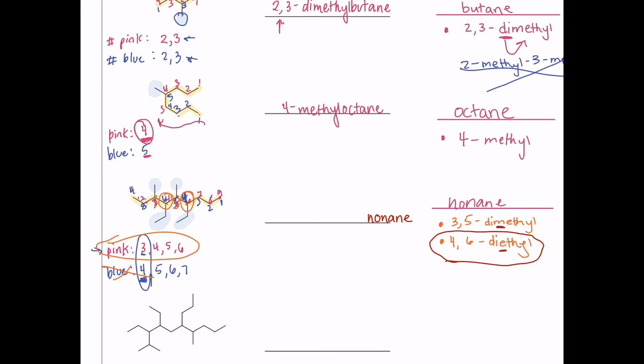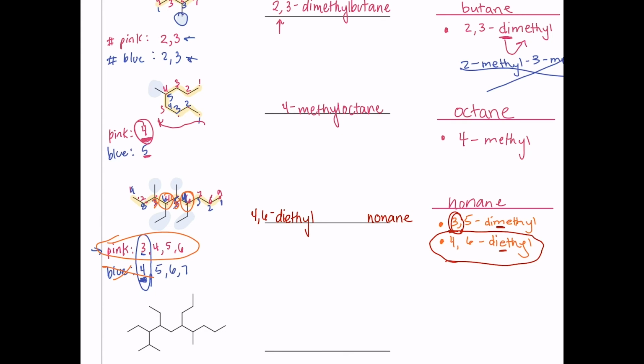So if we write that out, 4,6-diethyl, then we'll have 3,5-dimethyl. Now notice here's a letter L. The next thing I'm going to write is this number 3. So when I'm going from a letter to a number, what do I put between them? Well, because I'm switching mediums, if you will, from letters to digits, I need to put a hyphen between those.